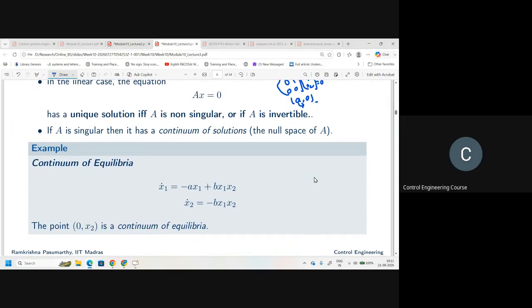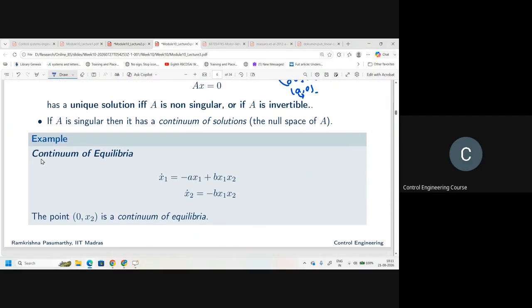Similarly, for a nonlinear system, in this example we also have a continuum of equilibrium points. Because this is x1, x2 equal to 0, in this case either x1 equal to 0 or x2 equal to 0, right?